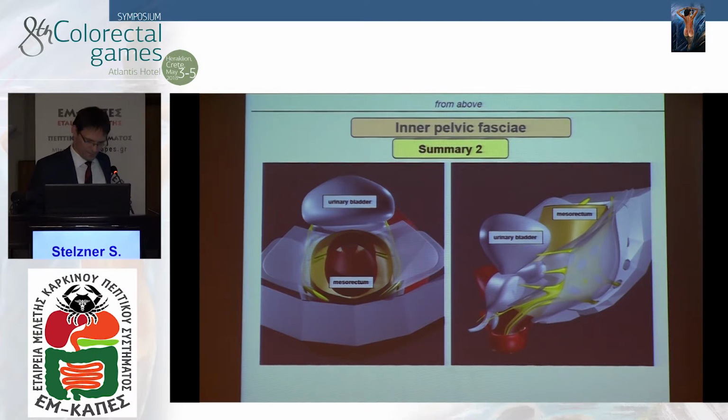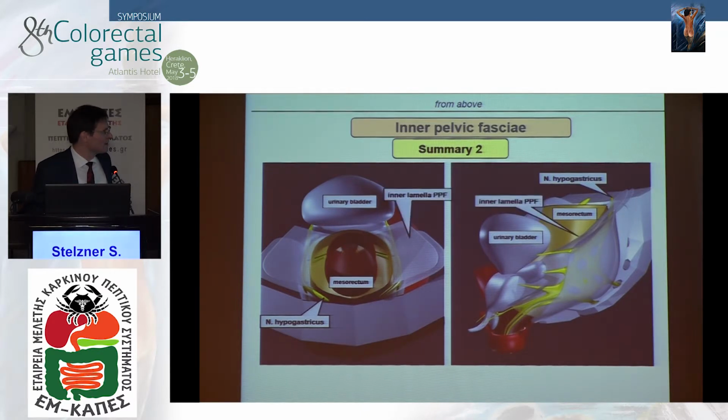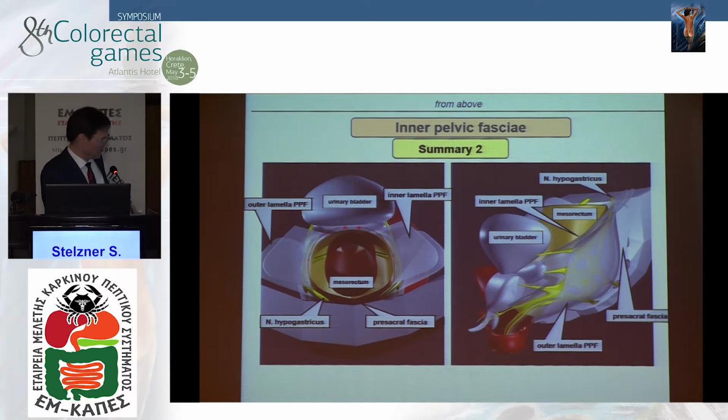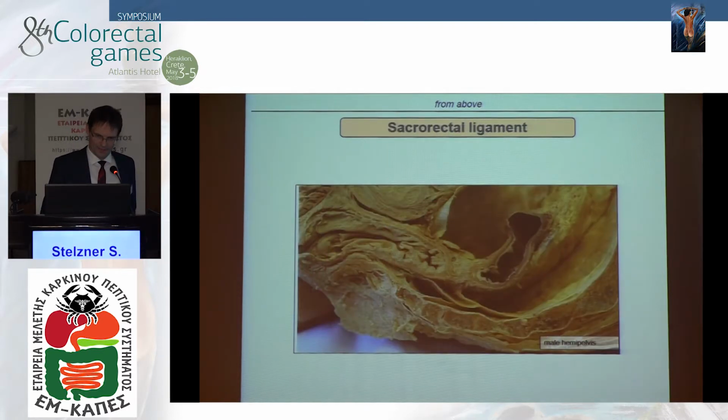And what we need to do if we do proper TME surgery, we need to find the right space just on the surface of the mesorectum and leave the inner lamella and all these other structures alone.